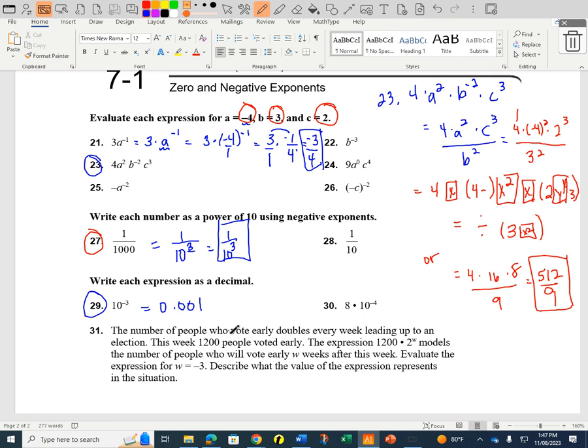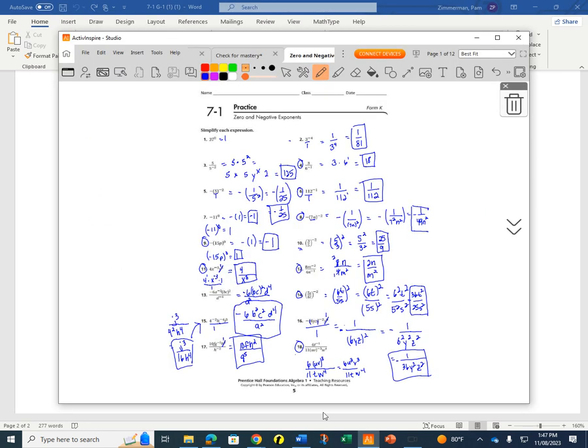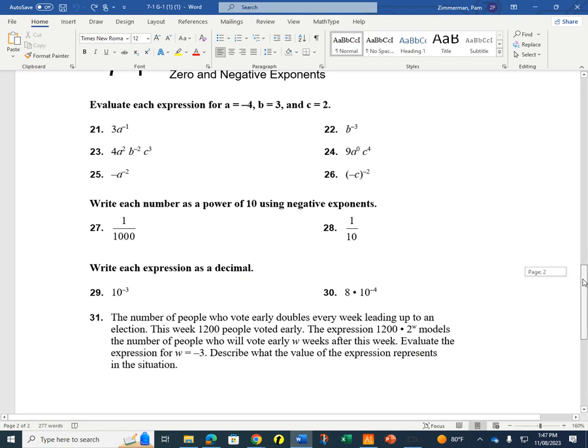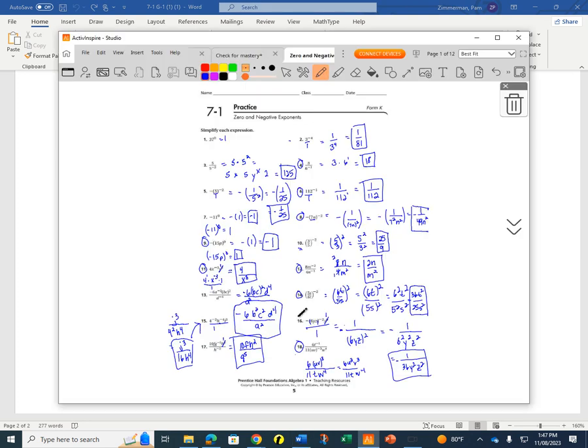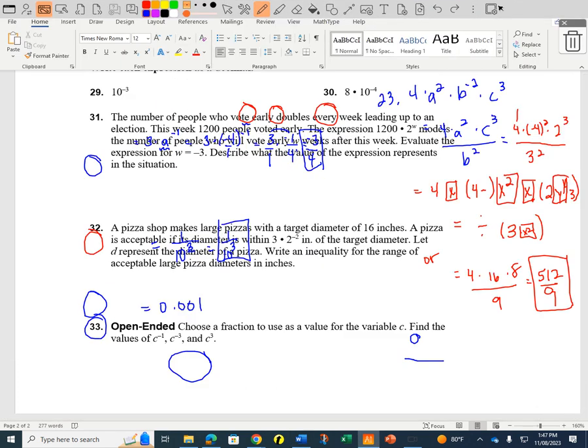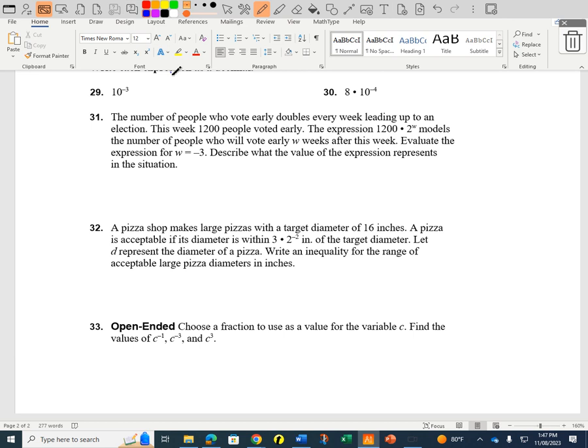Number 31 is an evaluate. So all you're going to do is plug in -3 here. I'm not going to do that one for you. Make sense to everyone? Okay, I'm going to get out of this so I can scroll. I'll go back. Give me a second. All right, so this one's an evaluate. This one is an inequality.